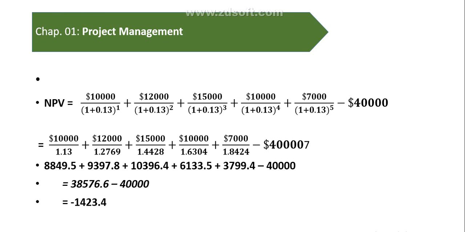So this is the total amount, 38,576.6, minus the initial investment that we invested, so it becomes negative.